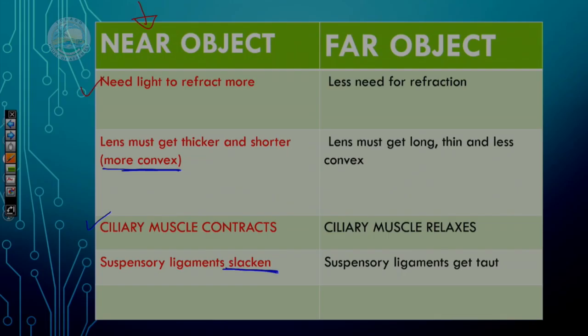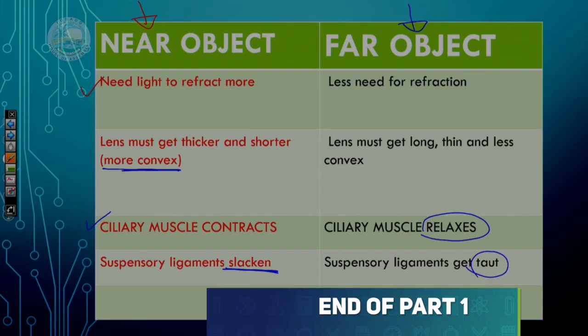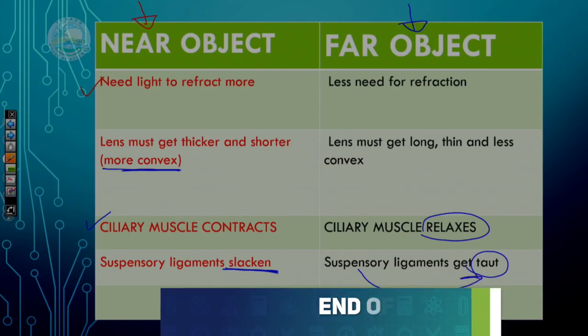As opposed to when an object is far, what do we want? We want less refraction. We don't want the light bending too steeply and preventing the image from falling on the retina. So for that to happen, the lens must be thinner and longer. And for that to occur, the ciliary muscles must relax, and the ligaments are the ones which will get taut and pull the lens, elongate the lens. So the suspensory ligaments will have to get taut.